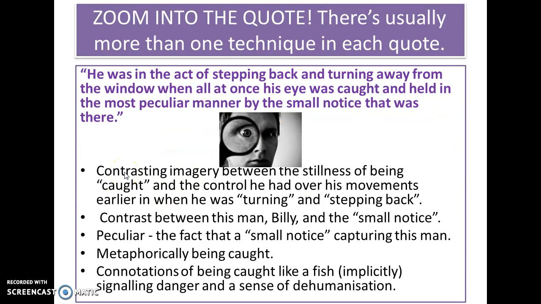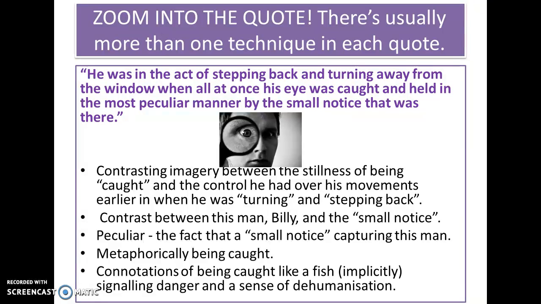Contrasting imagery. Notice there's a contrast between the stillness of being caught and the control he had over his movements earlier on in the extract where he was turning and walking briskly and stepping back. Contrast between this man, Billy, and the small notice, because it's a small notice that catches his attention, his eye. Peculiar, that word has been used quite a few times. The fact that a small notice is capturing this man is quite peculiar.